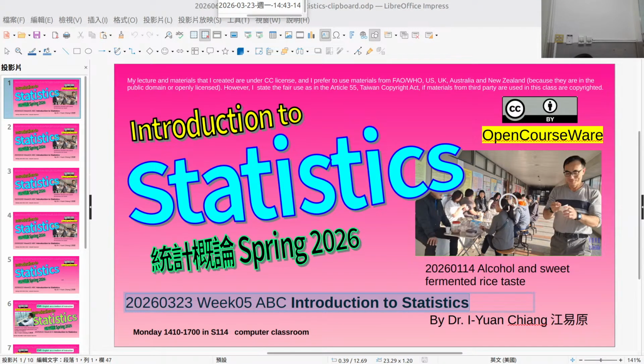Then the scientists created this way: square it, then add them together and divide by the number, maybe n minus 1. Then take a square root, then get the index. Is it okay?